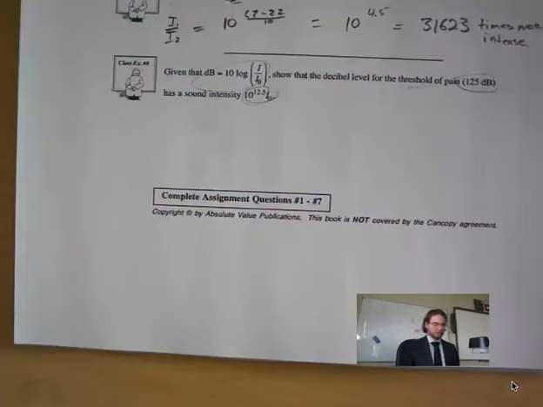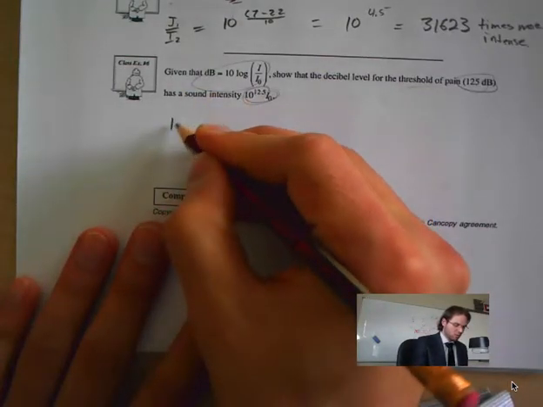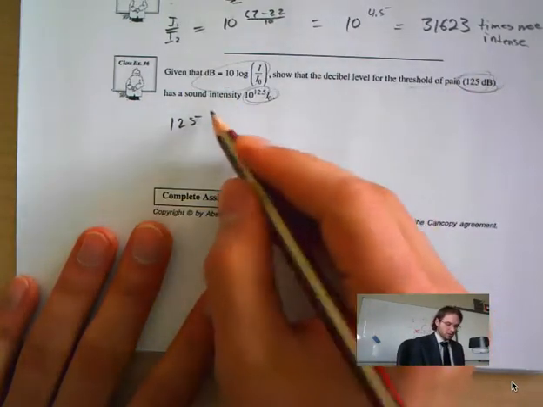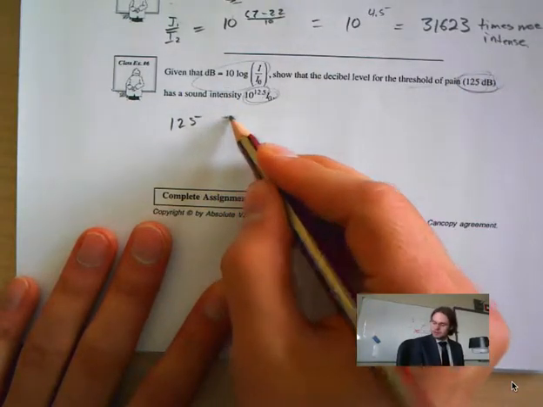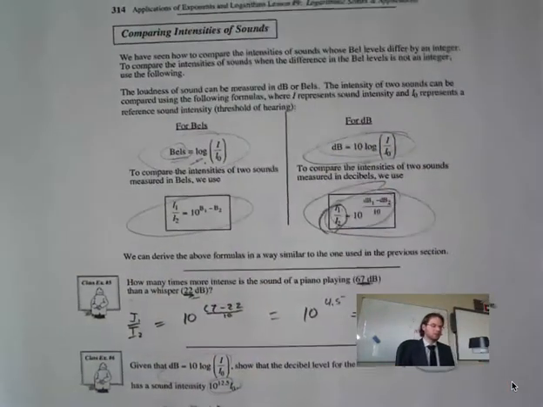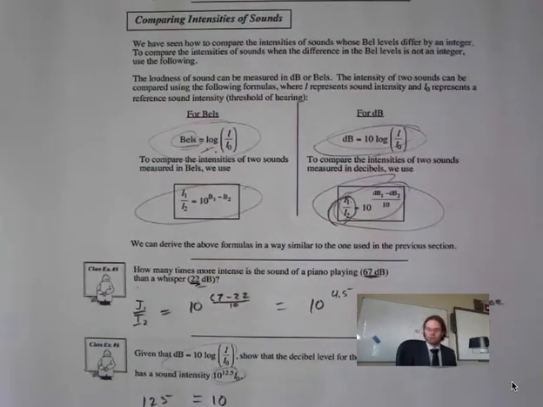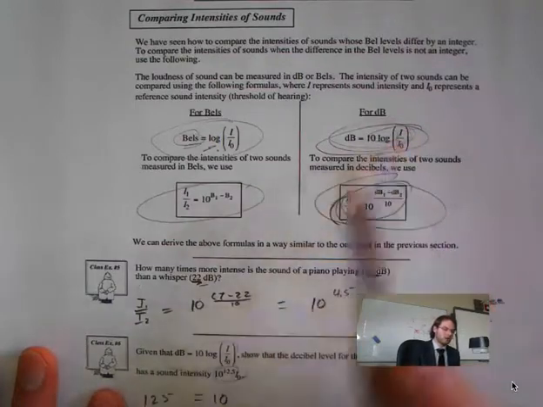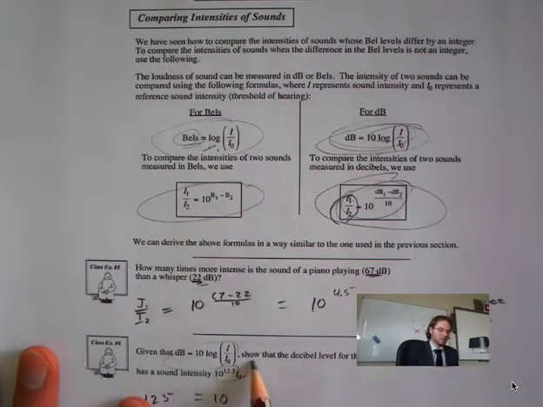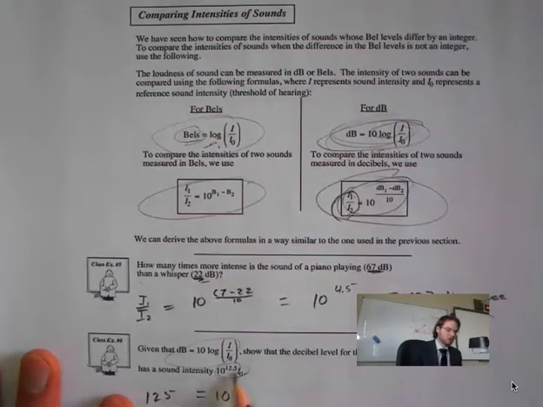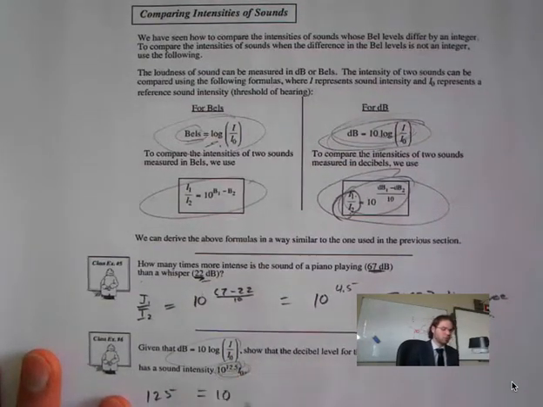So how do we do this? I have 125. That's my threshold of pain, equal to 10. We're going to have to use the log one, because we're looking at decibels. And it says given this, show that the decibel level, we want to find the decibel level of sound. So we're trying to find the decibel level, which is 125.